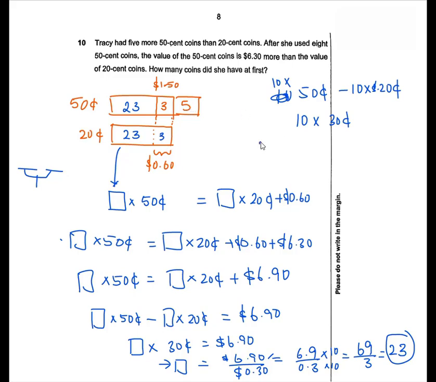So add all of this. That is 23 plus 3 plus 5, the number of 50-cent coins, plus 23 plus 3, the number of 20-cent coins, and that is equal to 46, 49, 52, 57. So that becomes 57 coins. So that is the answer here.